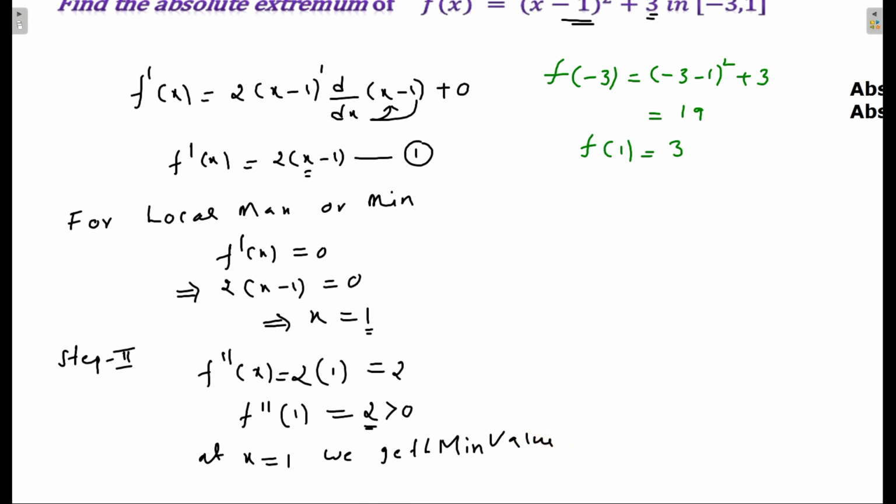So that is given by f of 1. F of 1 we have already calculated here, that is 3.